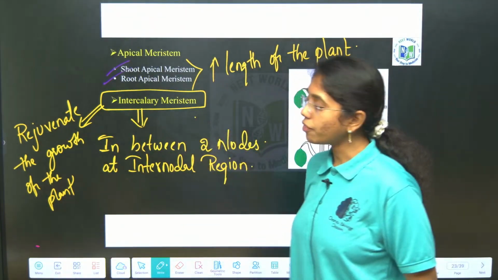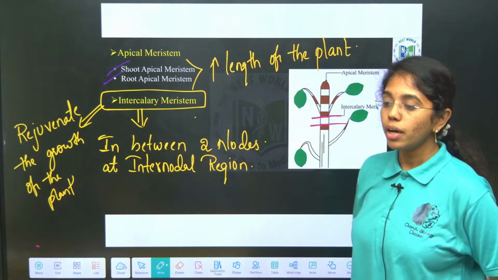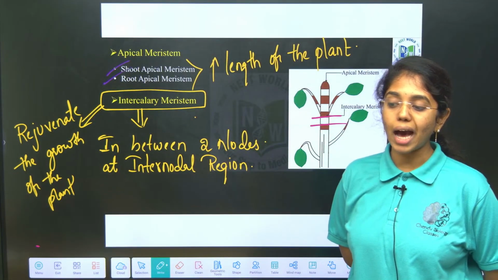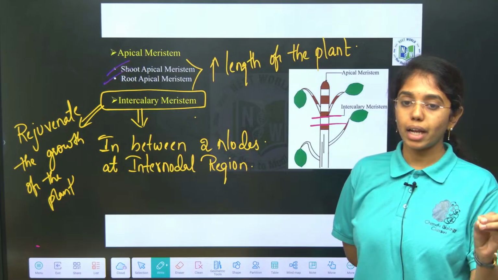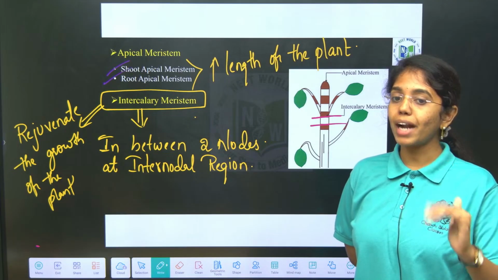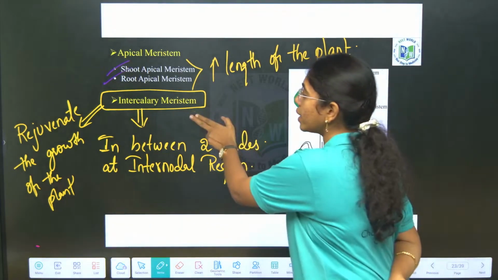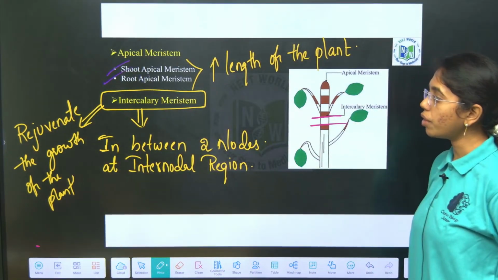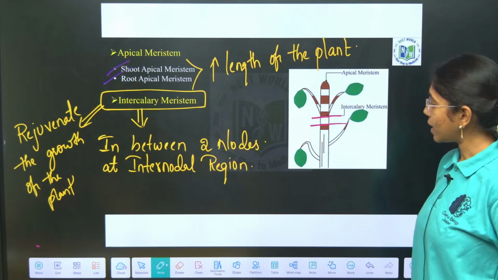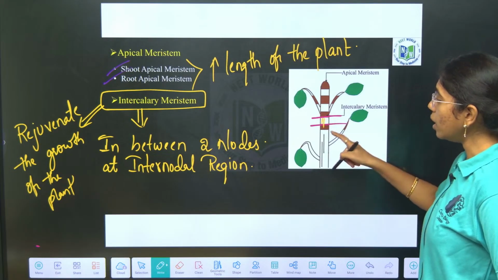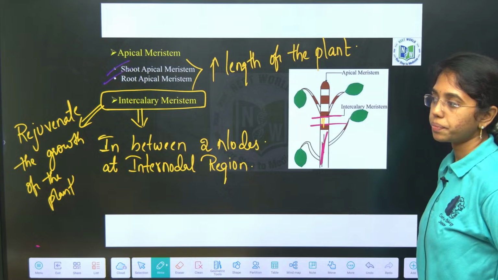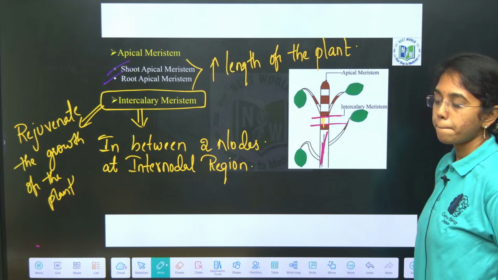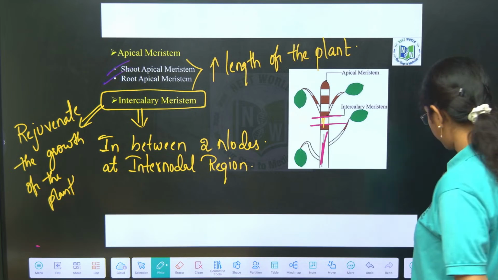One more peculiar function of intercalary meristem is what? Whenever the apical regions are cut off or removed by grazing herbivores, the growth of the plant is rejuvenated again by intercalary meristems. Clear, right? What is the exact location of intercalary meristem? Present in between two nodes in the internodal region. Clear? Next.